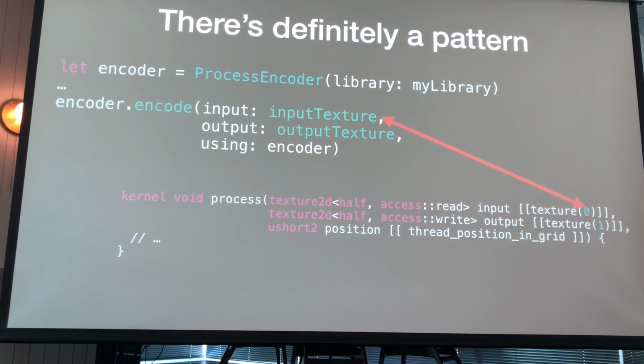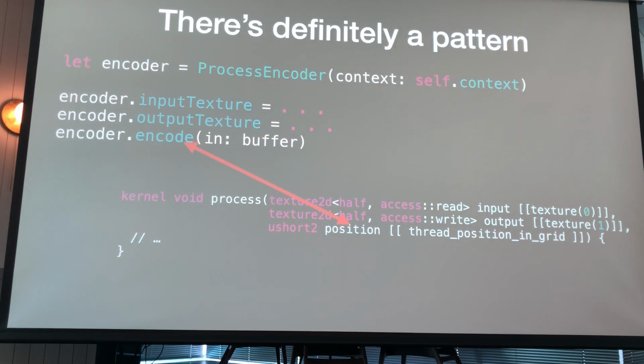Also, the encode method arguments are tightly coupled with the arguments that you have in the shader. So if you have two texture arguments in your shader, you will have those in the encode method of the encoder. And the encapsulated logic is also tightly connected. So if you use textures, you probably want as many threads as there are pixels in the texture, so you use it inside.